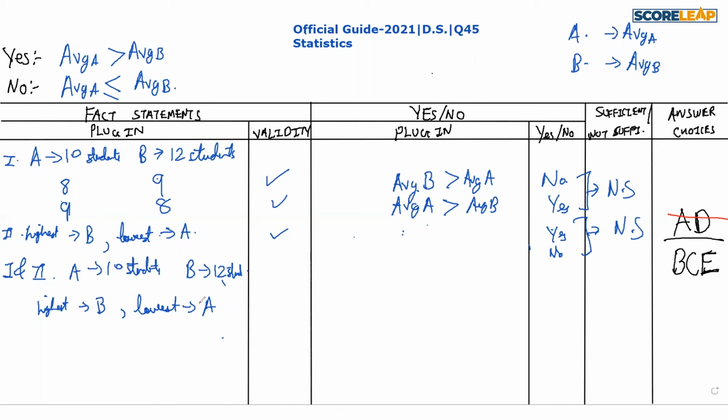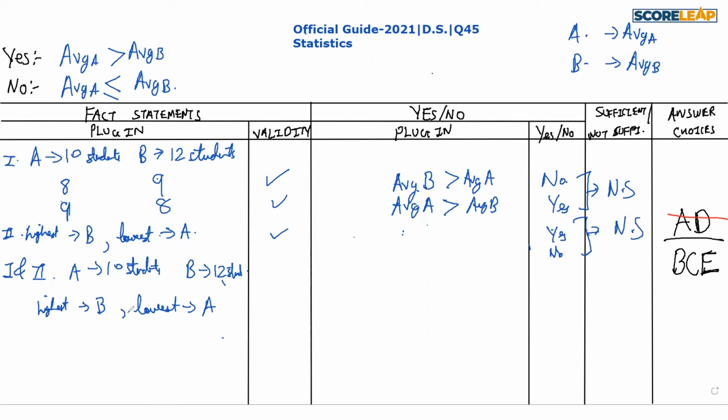Even if we know the number of students in A and B, it doesn't change the condition. So the explanation that I gave in statement 2 is valid here also. It is possible that one student is scoring very high in B, but all the rest of the 11 students are scoring very low marks. And one student is scoring the lowest, but all the rest of the 9 students are scoring very high, not higher than the highest.